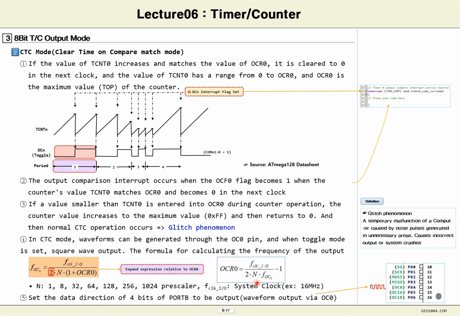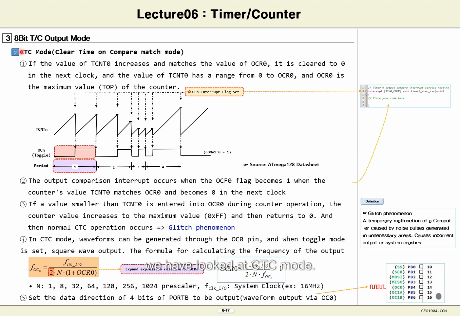Therefore, we need to convert this equation to an OCR0 equation. So, this converted formula is implemented in the Excel file I will provide. You can use this file to calculate the OCR value for a specific frequency. Of course, in order to output OC0, we need to set bit 4 of PORTB to output in the data input-output settings.